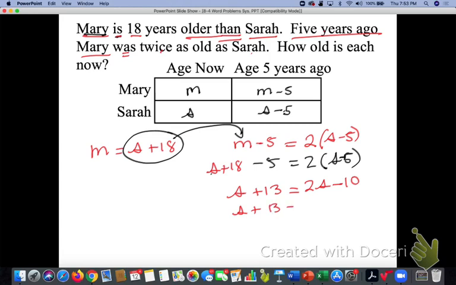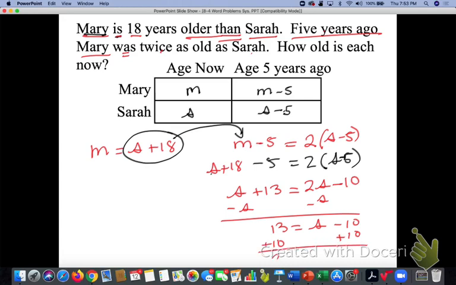S plus 13. Oh, I'm not doing anything. I'm so tired. It's the end of the day. I'm going to subtract S. I end up with 13 equals S minus 10. Add 10, add 10. 23 is equal to Sarah.